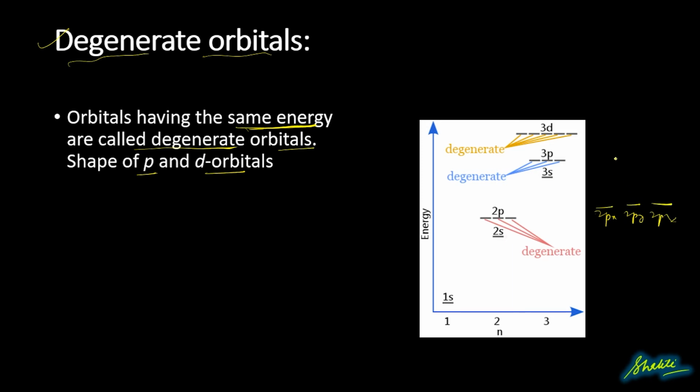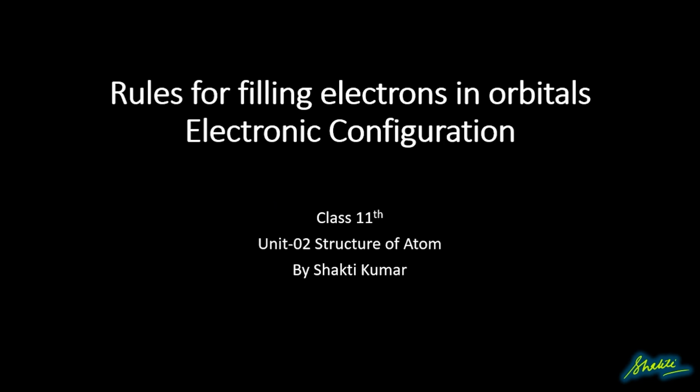Here 3px, 3py and 3pz. These are degenerate orbitals. And here in 3d you can see the degenerate orbitals. So orbitals having the same energy are called degenerate orbitals. These can be of the shape of p or the shape of d orbitals.